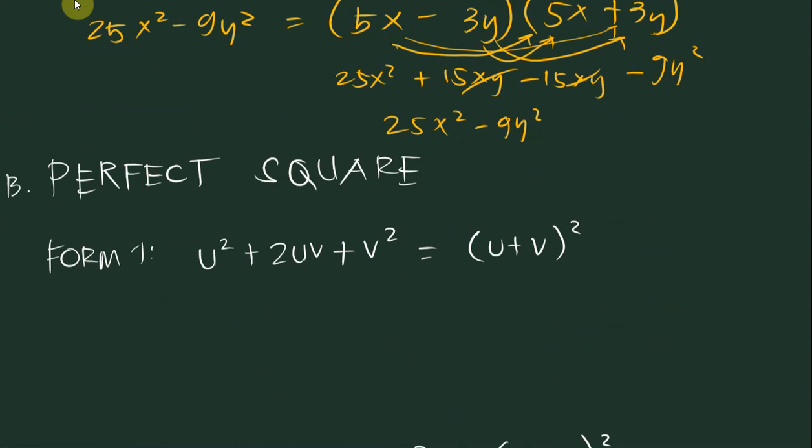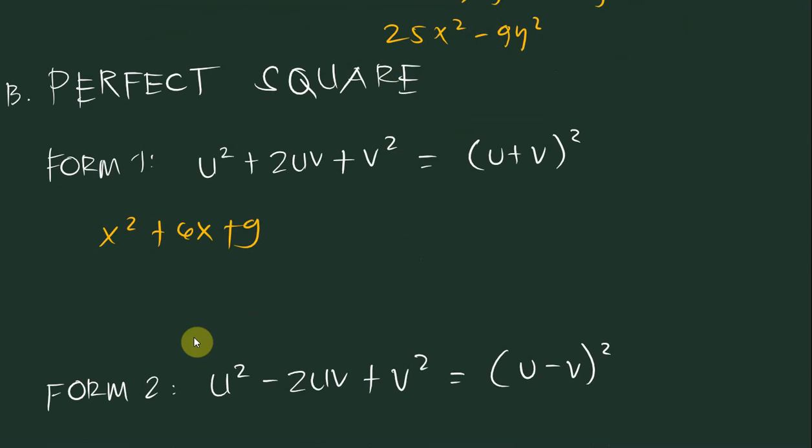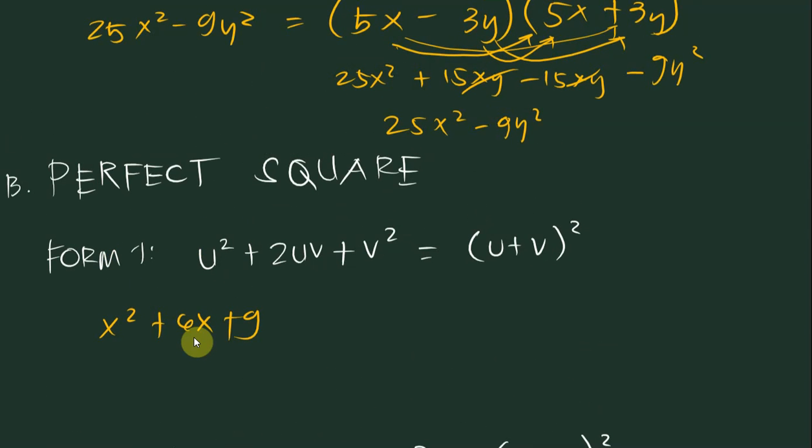Let's say we were given x squared plus 6x plus 9. You need to find the binomial that was squared to get this.